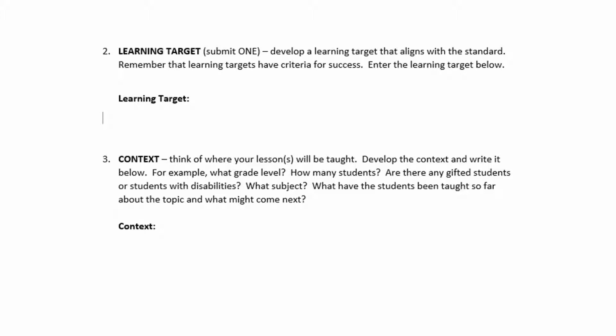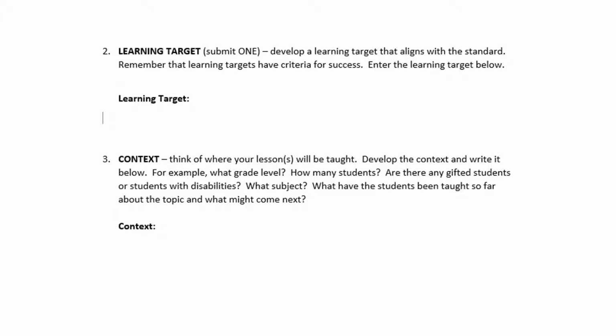You're going to write the learning target and you're going to remember to include a target. What level will students have to come up to for you to consider that they've mastered the standard? 80% accuracy, for example, 3 out of 5, whatever it is, there should be a target.